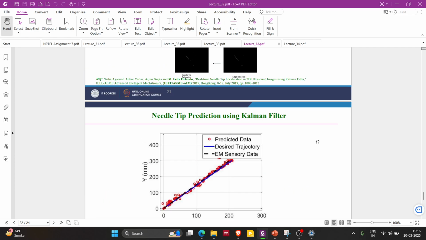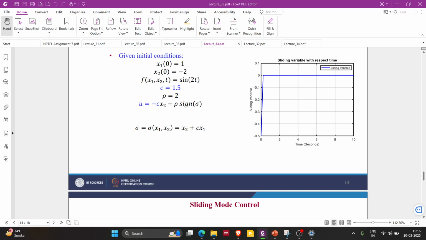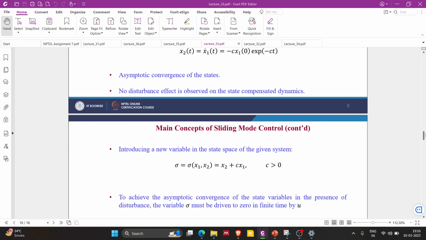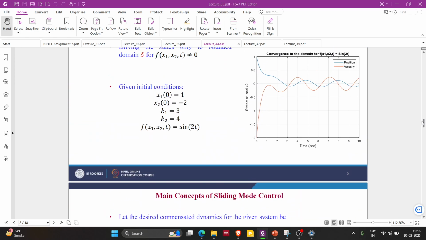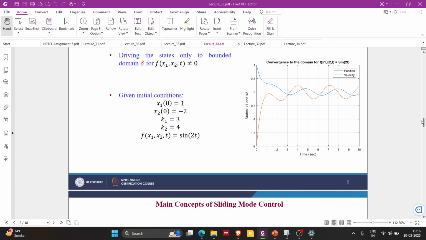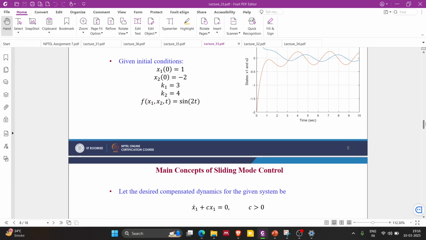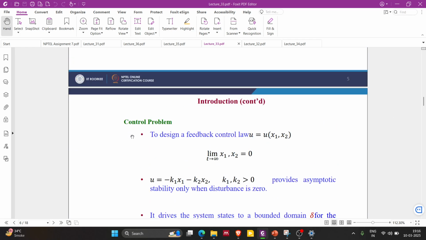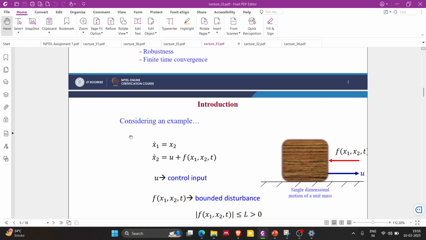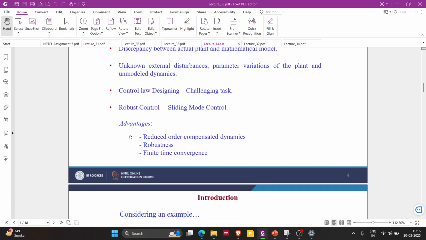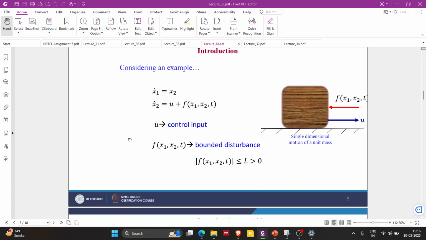If you go to lecture 33, it is all about the concept. Just focus on the concept. Here he introduced a concept called sliding mode control. You have chosen this as your control input, and F is something like a disturbance.